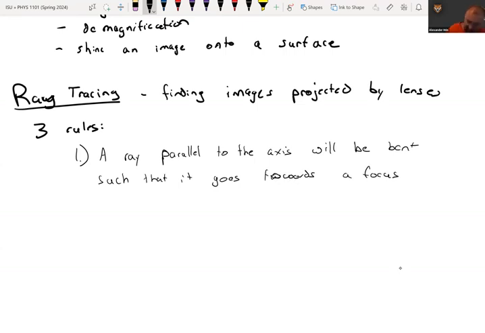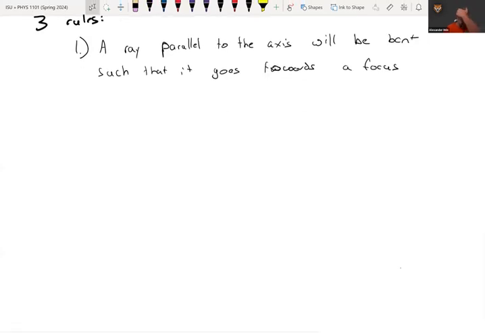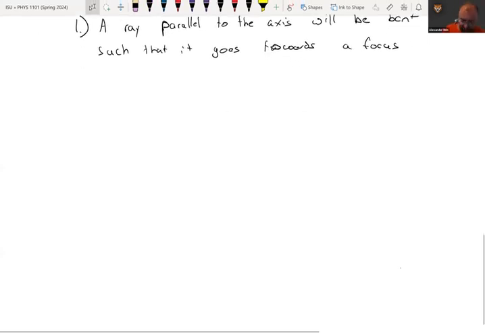Now, with converging lenses, it's easy. With diverging lenses, it's a little bit more tricky. But I want to leave some space and just show you kind of what I mean here. Okay, so I'll make this a little bigger. The diagram can be a little bit bigger.